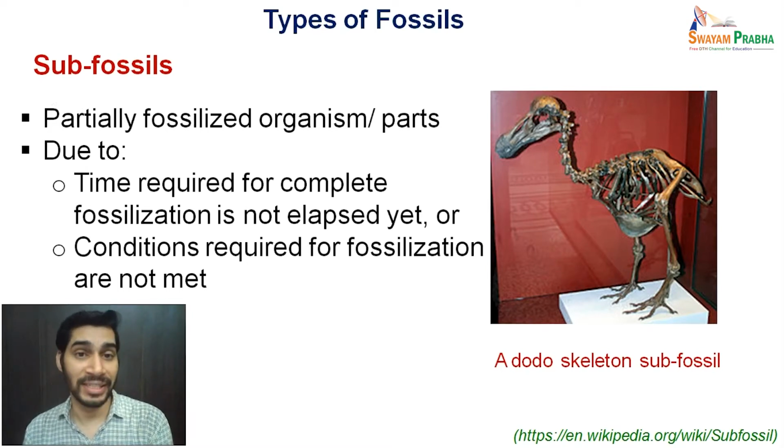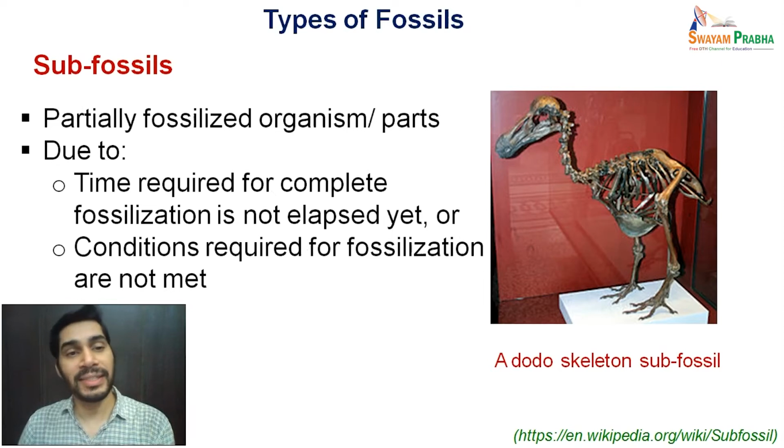There can be various reasons, and two important ones can be the time required for complete fossilization, which probably has not elapsed yet, and we could retrieve the fossil before that. That is why you see a subfossil formation. Another reason can be that the conditions required for fossilization have not been met. So due to these improper conditions, the fossil has not been completely formed yet.